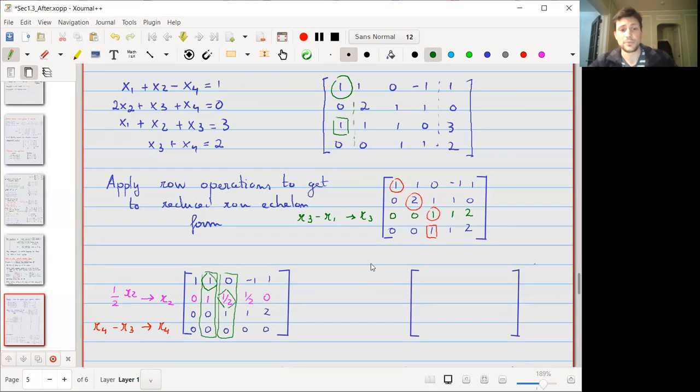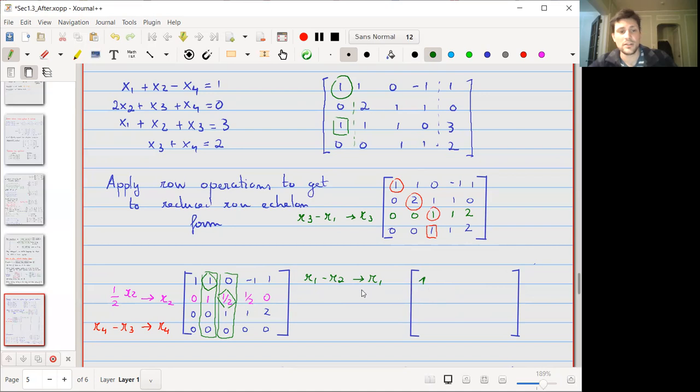Let's get rid of those. To eliminate the 1 in the first row, I will just subtract the second row from the first one. So I will replace the first row with itself minus the second row. In doing so, I get the following.